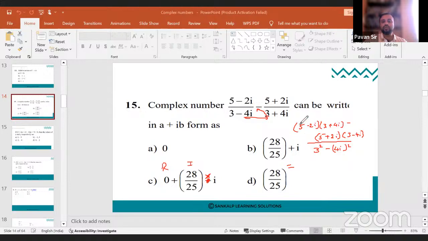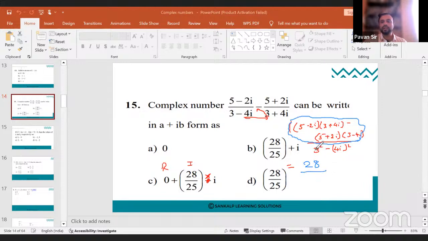I'll just give the hint. When you solve the numerical part, the blue colored encircled part, you will get the answer as 28. Because we don't have much time to solve here, it is 28 that you will get.